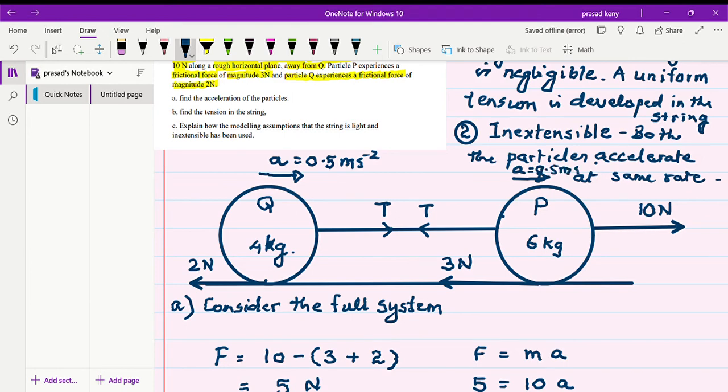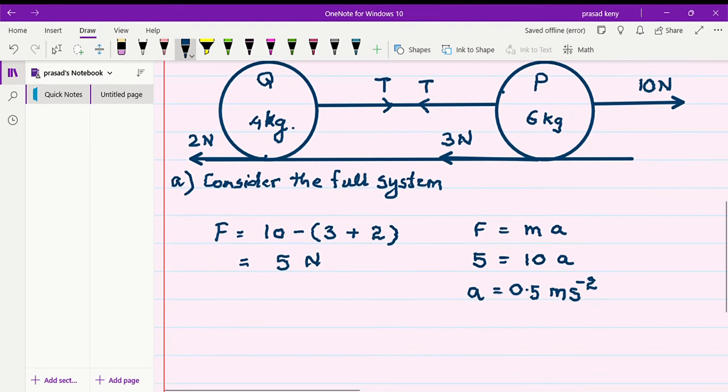Now in the second part, we have to find out the tension that is developed in the string when the particle is pulled. To find out the tension, we'll consider only one particle, either P or Q. And it is better to consider the particle on which minimum forces are acting.